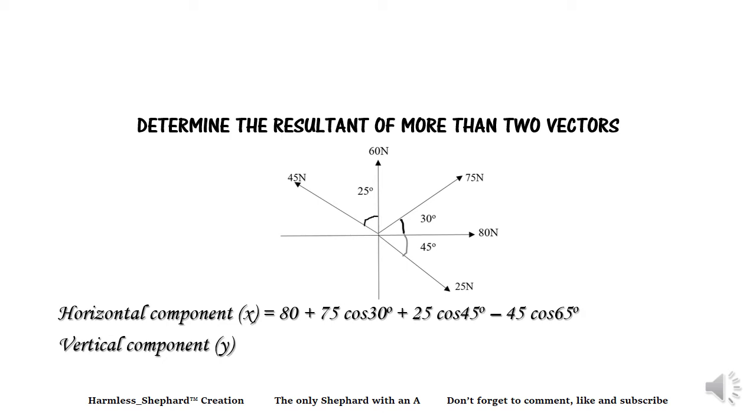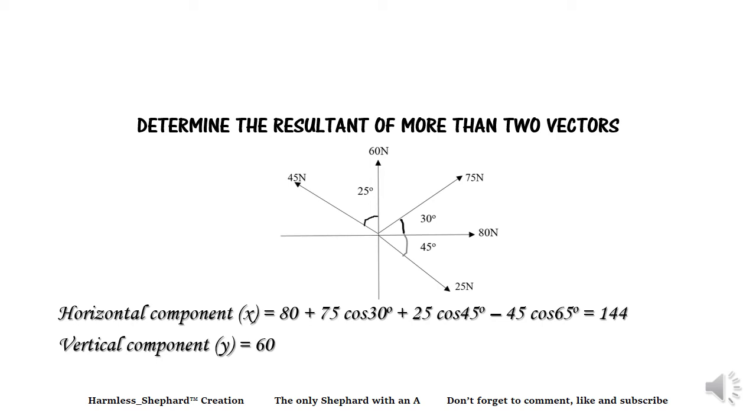So we have our angle to be 65. So when we add all the addables here and subtract the ones that need to be subtracted, x now becomes 144.